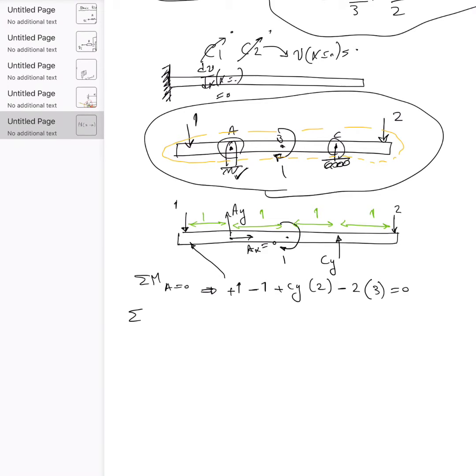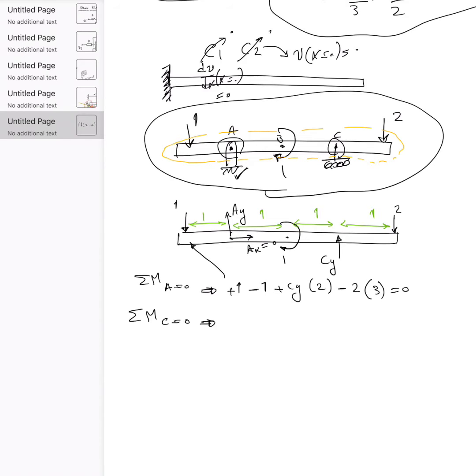And then I can write the summation of moments about point C equal to 0 to get AY. You could also, instead of doing two moment equations, do one moment equation and one summation of forces in the Y direction equal to 0. Either way, whatever you're more comfortable with.